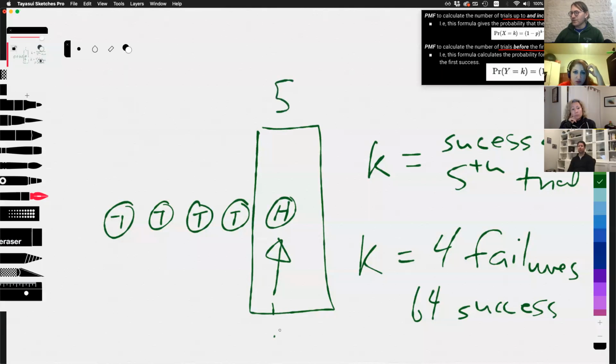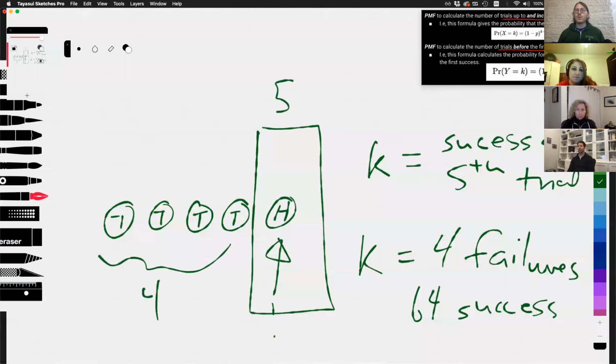If it's exclusive, k equals 4. Really I should say k equals 4 as in 4 failures. So it's either success on the 5th trial or 4 failures. Those mean the same thing. You're going to get the same result, the same probability. You just need to know which PMF you're using.